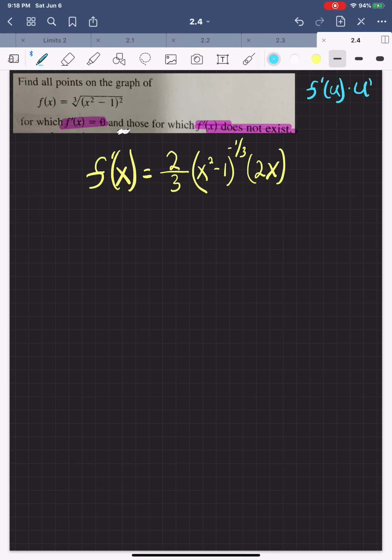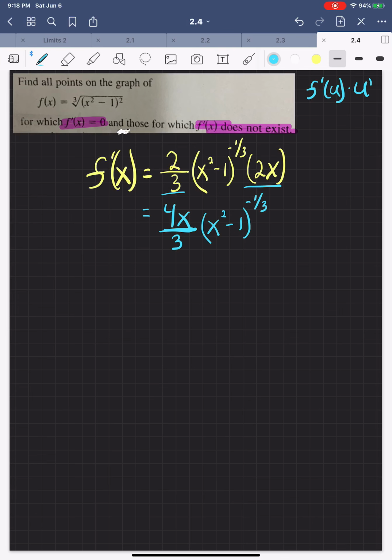What I'm going to do is distribute this 2/3 to this 2x. So that would be 4x over 3 times x squared minus 1 to the power of negative 1/3.